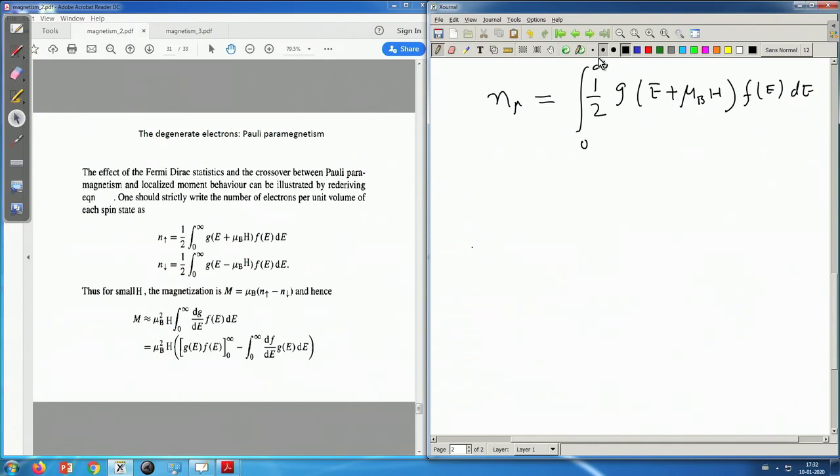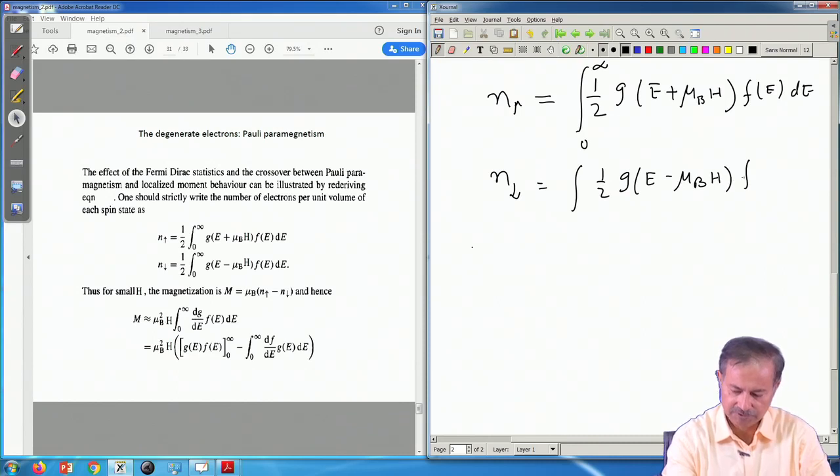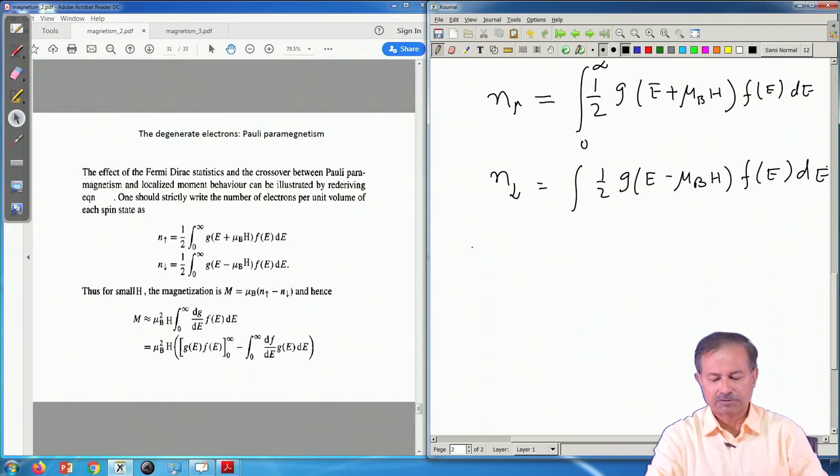So, that is my n up. Similarly, n down is half of G(E − μB H) F(E) dE. Okay.